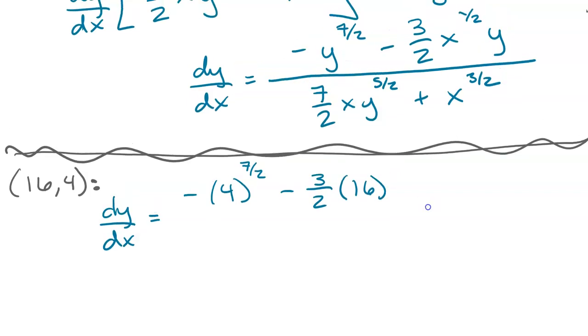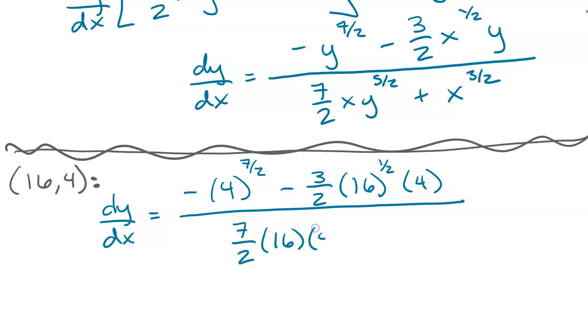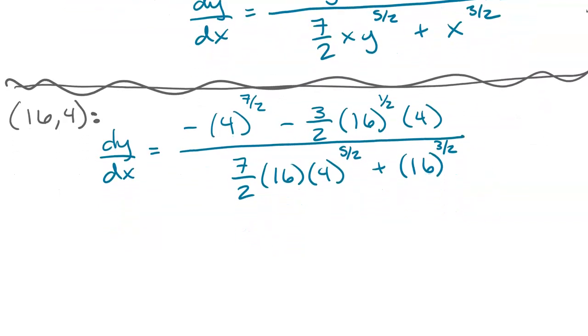16 to the 1/2 times 4, 7/2 times 16 times 4 to the 5/2 plus 16 to the 3/2. You can either use your calculator, but that can be iffy depending on how well you know how to type this in.